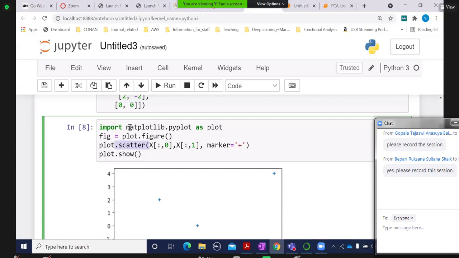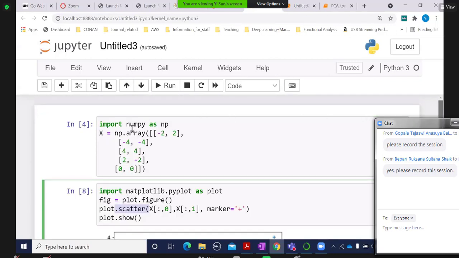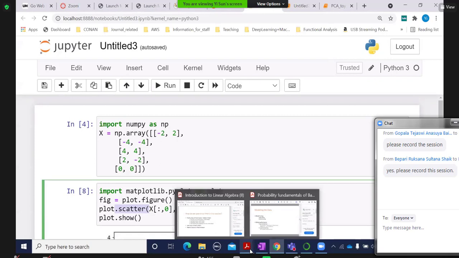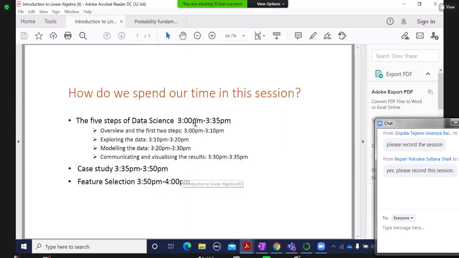This one is for plotting, and this one can be used to generate arrays. That is a little bit about practical feedback from our tutors. Now, we are behind, but let's start today's lecture.